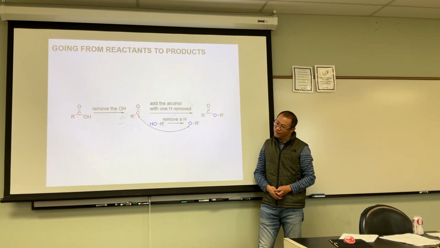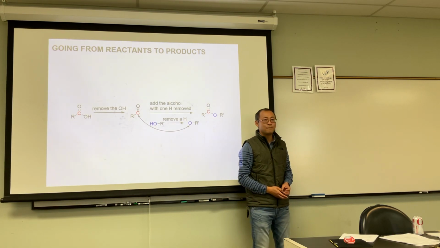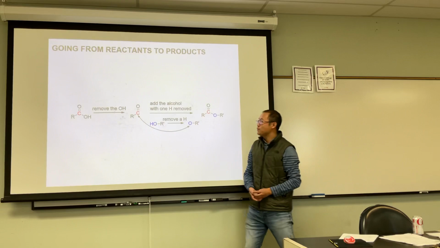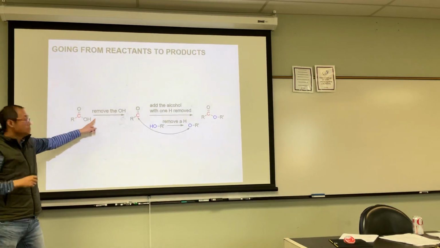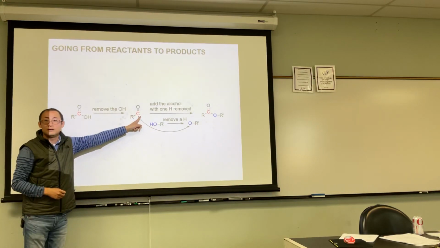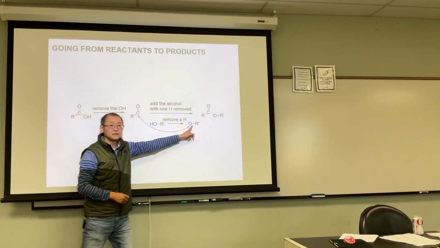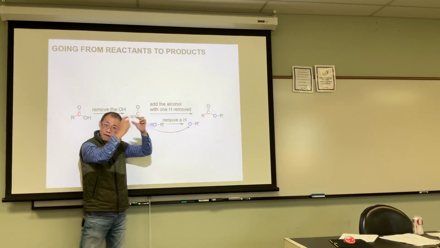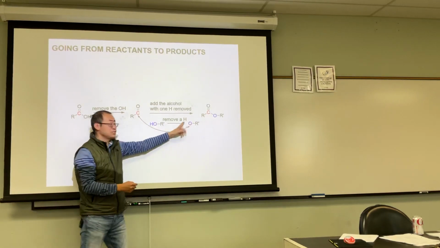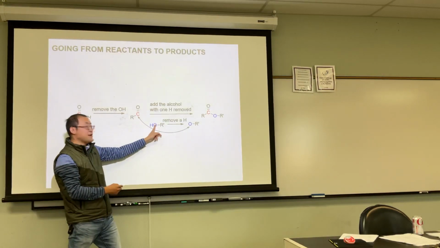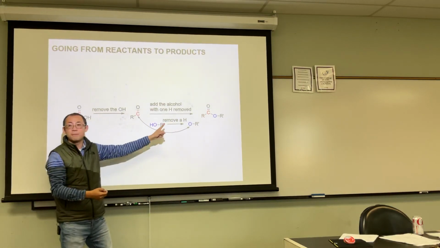I'll just show you stepwise how you make an ester bond. Remove the OH from the carboxylic acid. You got this. Remove the H from the alcohol. You got that. Remember, you have two molecules. Then you have to join these two parts together, because you took one thing from here and one thing from there. They're missing something. You have to make a bond.